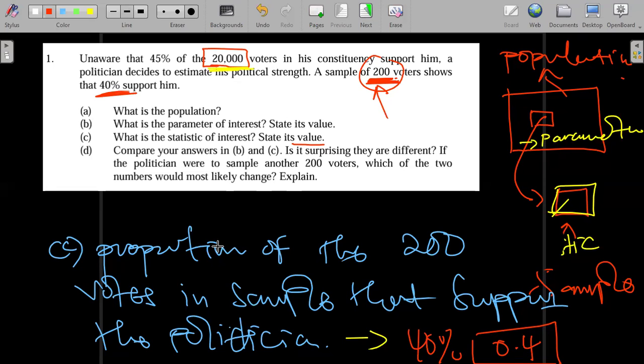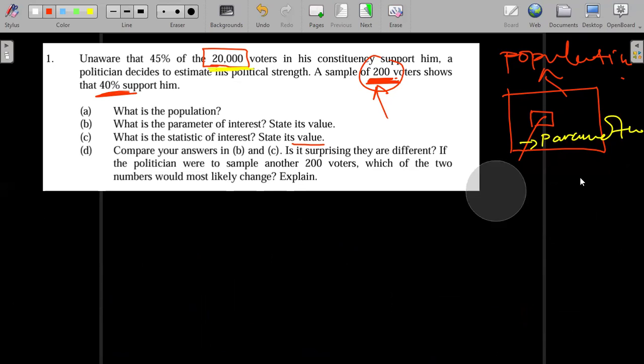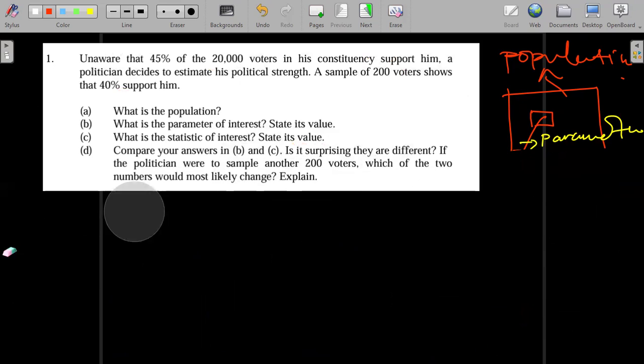Okay, if there are no questions, I'll go to D. On D, we're just using the results from the previous questions, A, B, C, and then we'll come up with the answer for D. Here on D, they're saying compare your answers in B and C, and is it surprising that they are different?